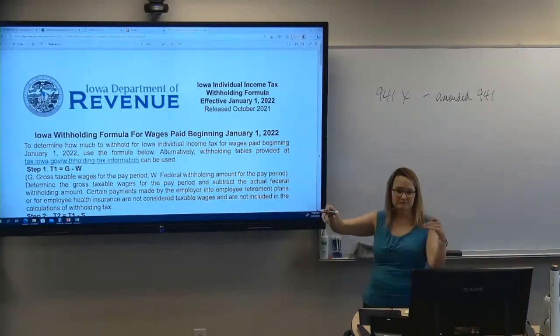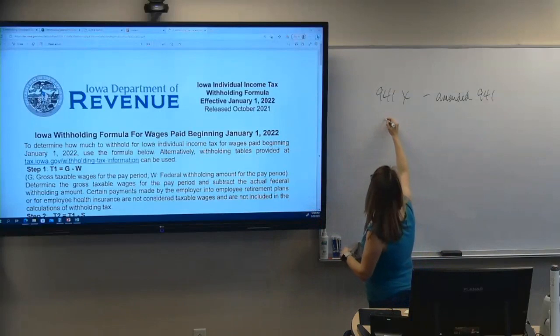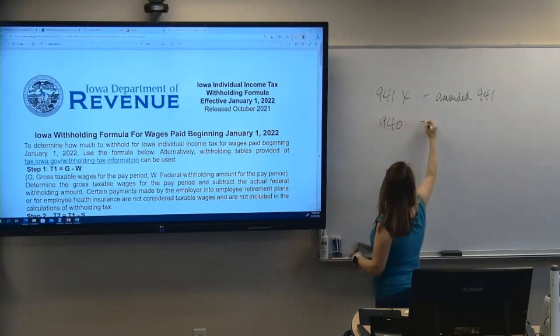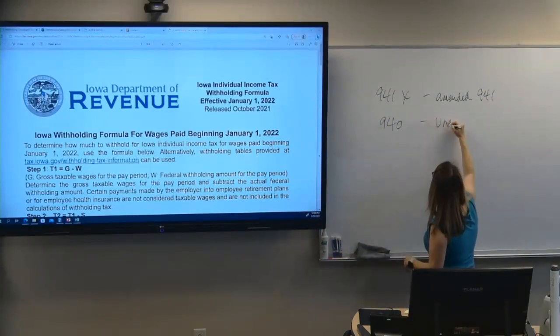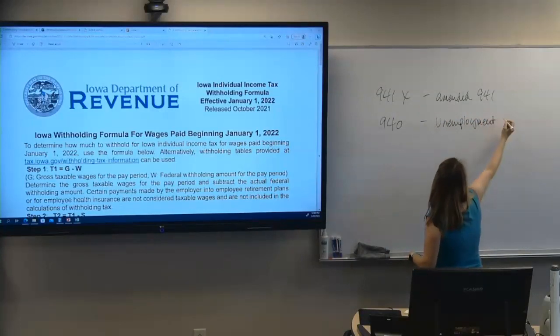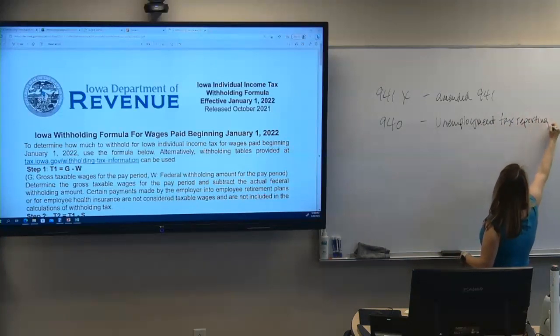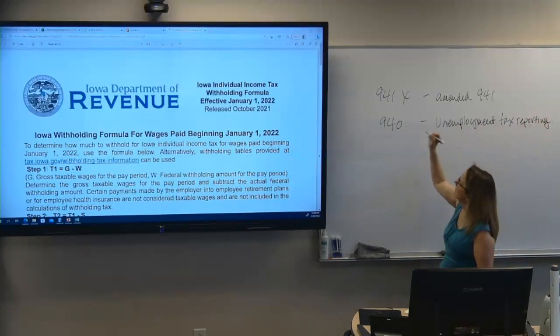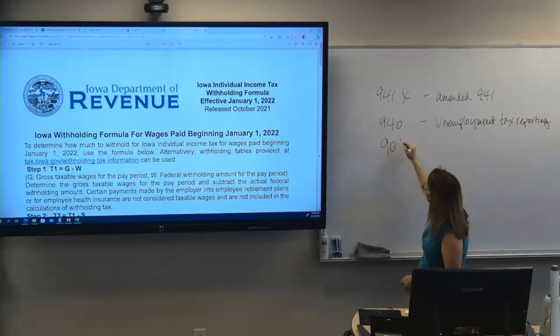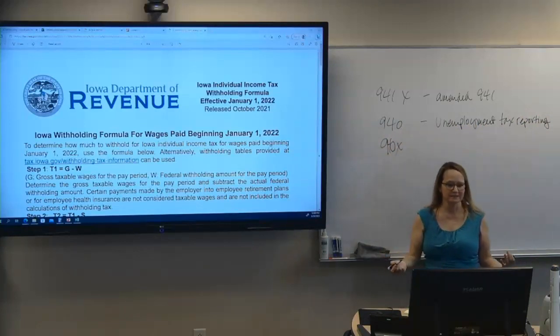Now there's also, and we're going to find this next chapter, a form 940, which is for unemployment tax reporting. There's also a 940X. Again, amended.